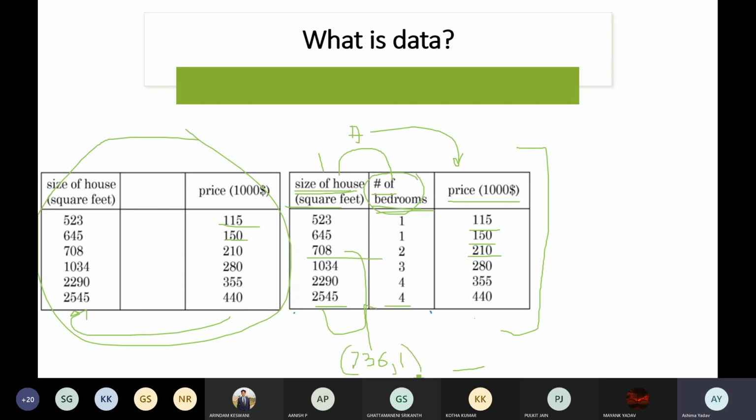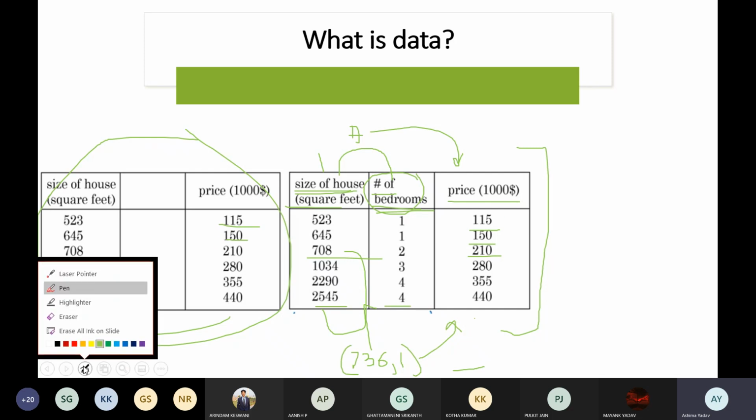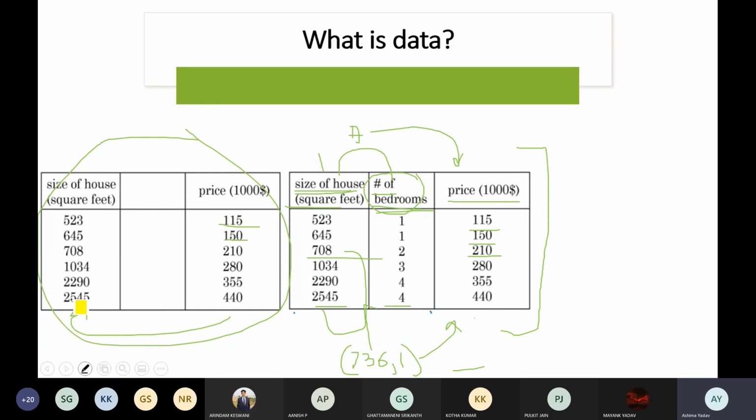In this case, what would be the price of the house? The machine should already have learned the relation between the size of the house and the number of bedrooms, and on this data it should be able to give me the price. So it is learning and it is thinking. When it has new data, it thinks what the price of the house could be.